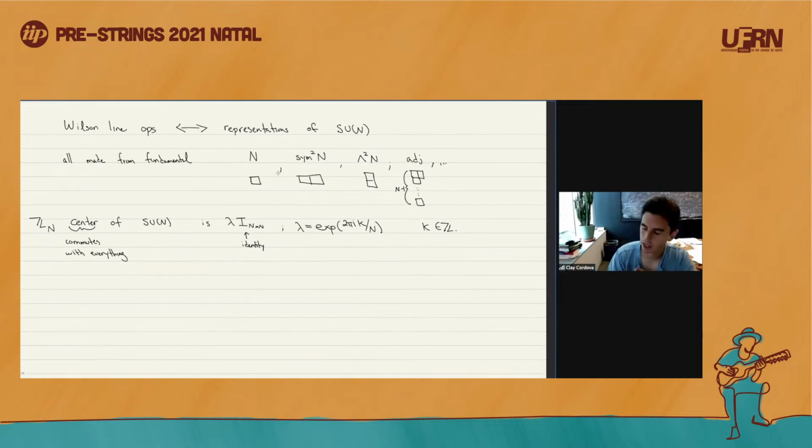And that leads to a term of art that is common. I'll write down a definition, which is that the n-ality of a Wilson line, or representation if you like, is its charge under the center.